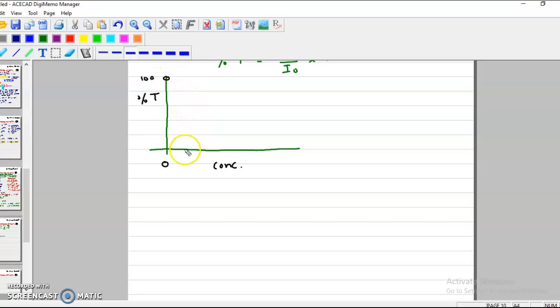If we take a colored solution having say 25% concentration, then some amount is transmitted, some amount will be absorbed, and therefore transmittance will be less than 100% at this concentration. If you increase concentration, again transmittance will decrease.